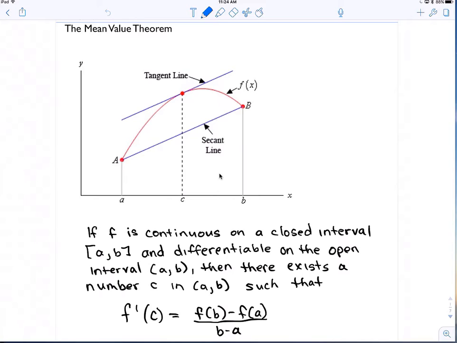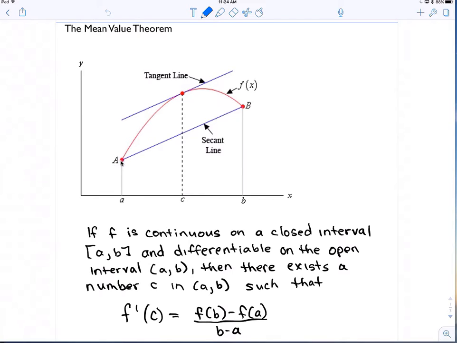It says, if f is a continuous function on a closed interval a to b and differentiable on the open interval from a to b, then there exists a number c in the interval from a to b such that the first derivative at c, which is just the slope of the tangent line at that point, is equal to f of b minus f of a over b minus a.